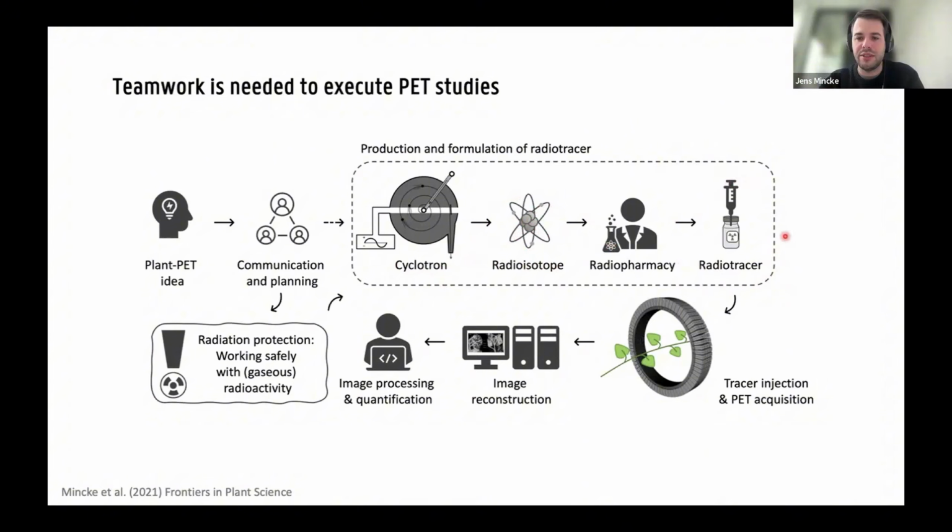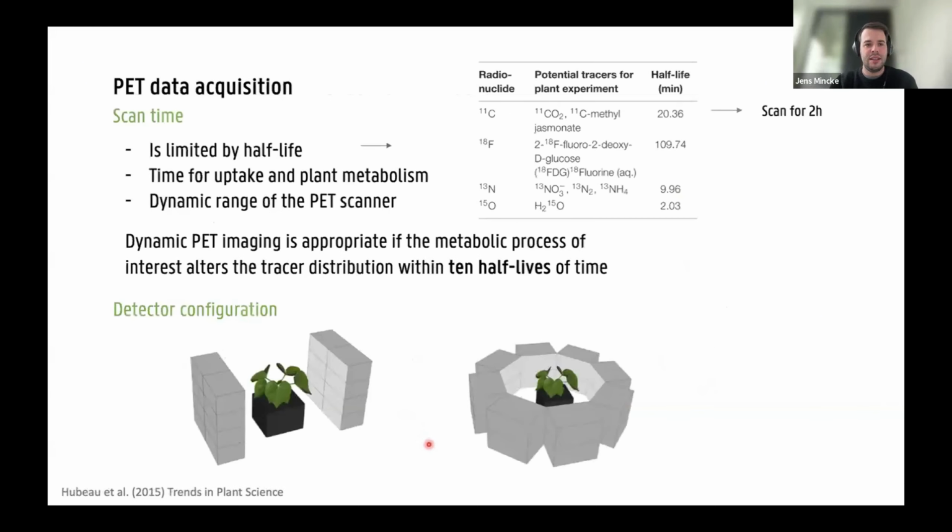Then this radiotracer is delivered to the PET scanning room, where you can perform your experiment. After the experiment, image reconstruction is done, and afterwards you can process your image and quantify what is visualized.